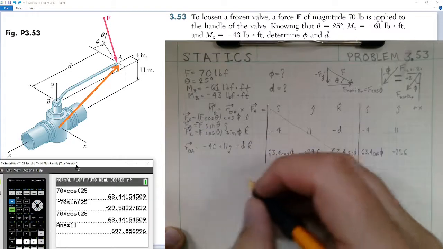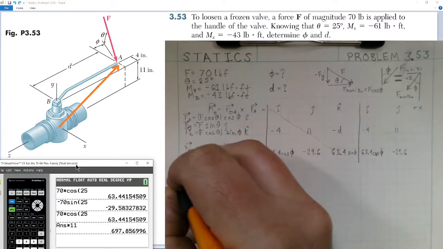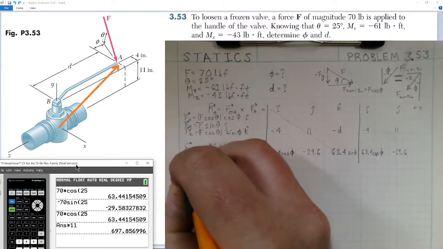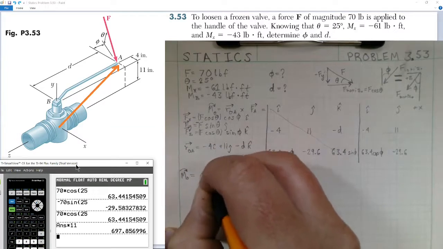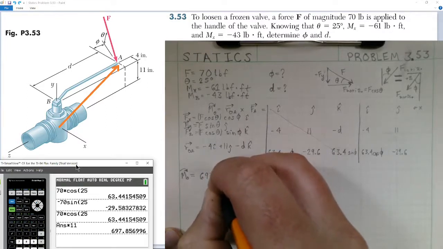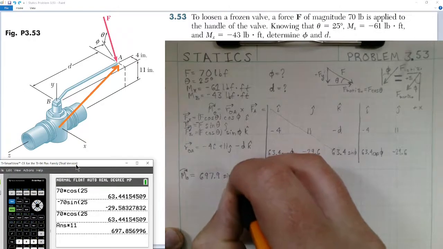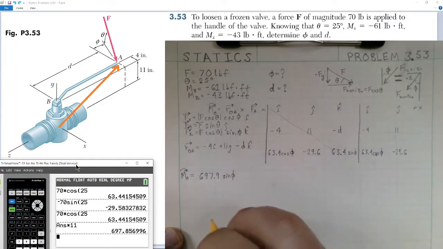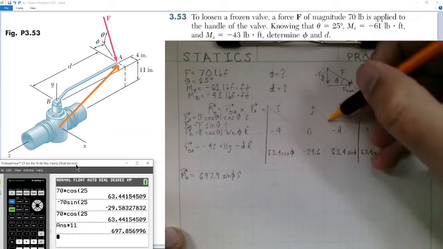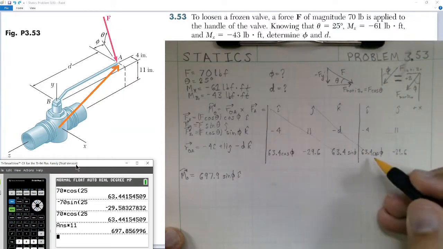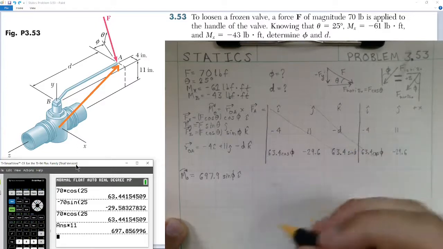And we'll have this is equal to our moment about the origin O is equal to 697.9 times the sine of angle phi. This is an i hat component. Our next product will be 63.4 d times -d cosine of phi in the j hat direction.